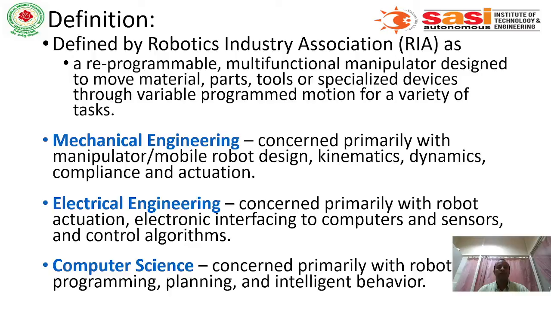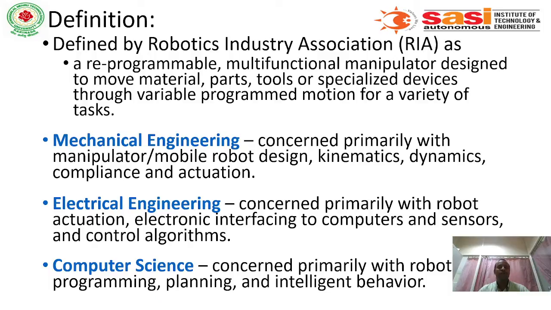And this requires knowledge in mechanical engineering. We are concerned primarily with the manipulator, mobile robot design, kinematics, dynamics, compliance, and actuation. And for electrical engineering, knowledge is also required, primarily with the actuation, like electronic interfacing to computers and sensors, and control algorithms.